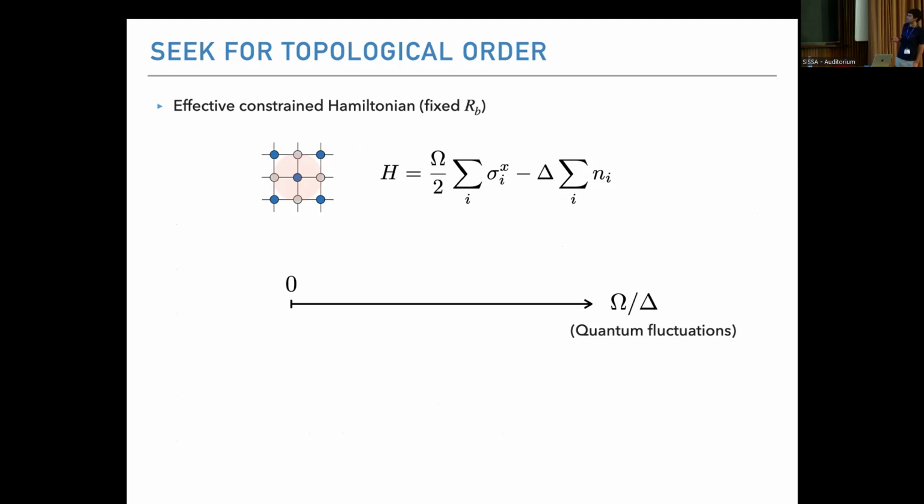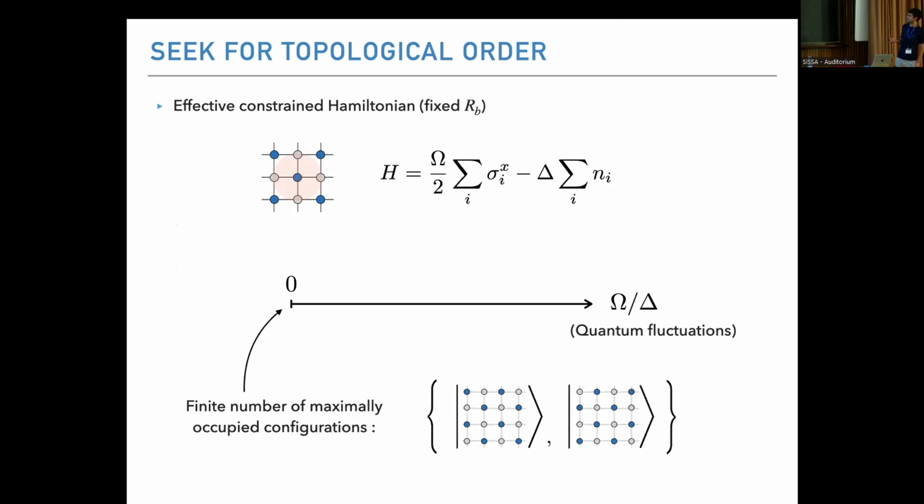And now imagine that I'm at very large density, so I'm switching off this term here. If you think about what the ground states of this Hamiltonian are, they're just these two checkerboard patterns, which of course break the Z2 translation symmetry of the lattice, because you can transform one into the other. Now, what happens if you add quantum fluctuations to these states here?